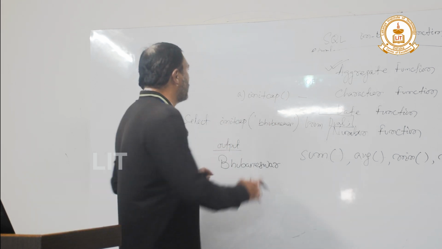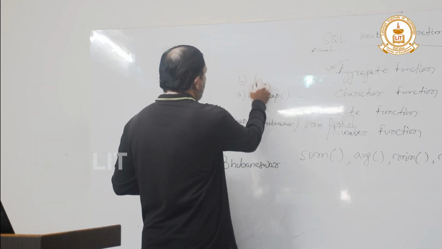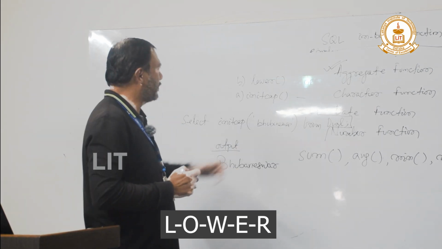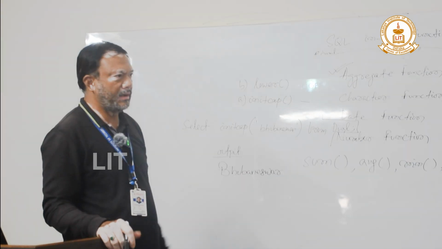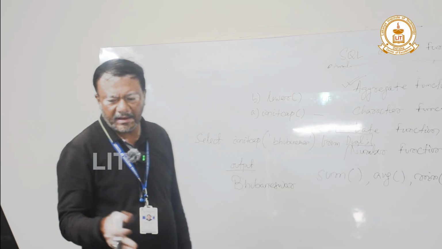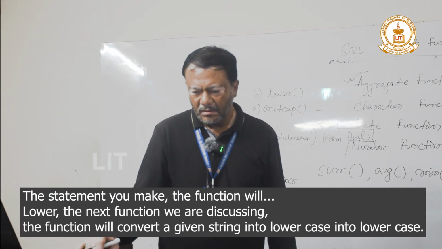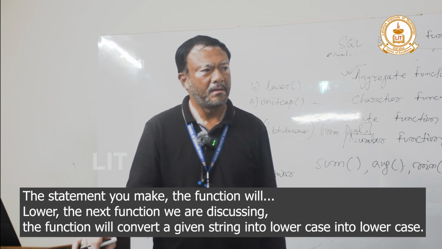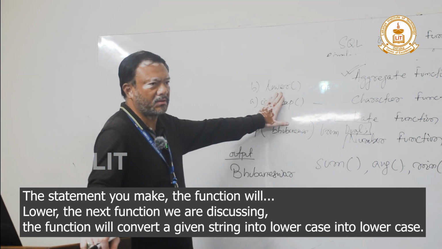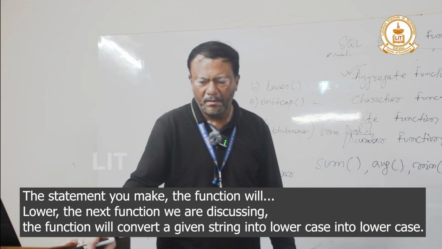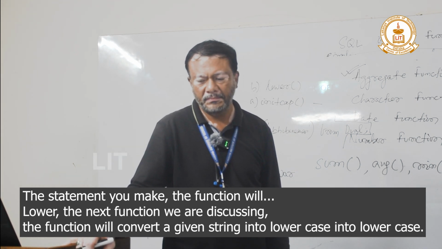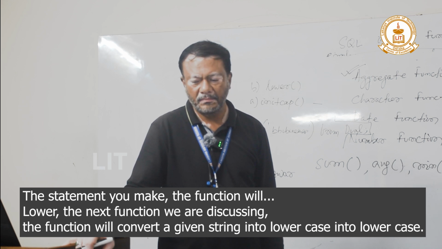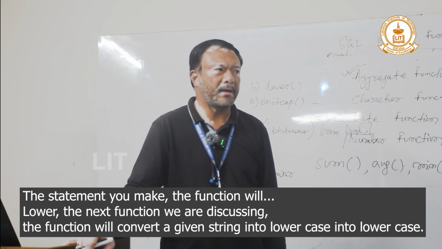Fine. The next function, number B, you make as lower. Just write LOWER. The function will convert a given string into lower case.